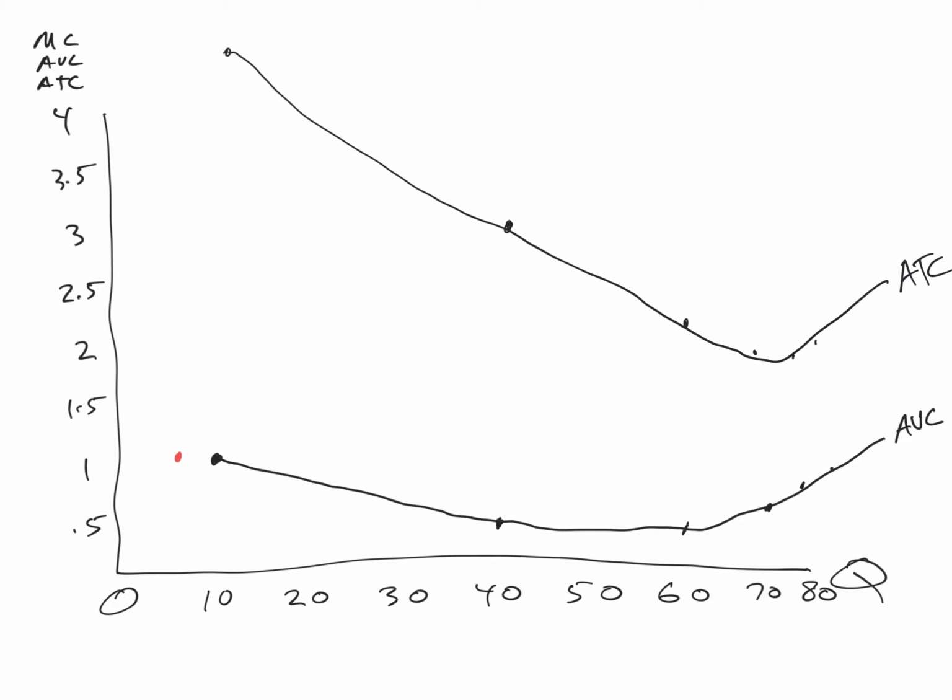As we go from 10 to 40, marginal cost is 0.33, so pick a midpoint in there. And as we go from 40 to 60, marginal cost is 0.5. We pick a midpoint, which is 50, and 0.5 is right about there.